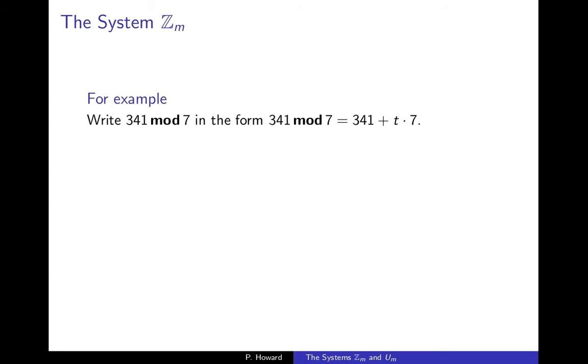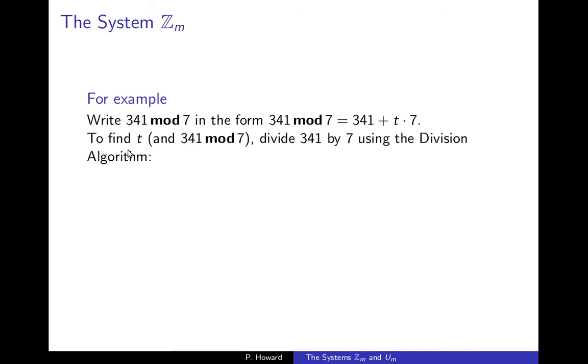So here's an example. According to the eliminating mod m lemma, 341 mod 7 can be written in the form 341 plus some multiple of 7. And we want to find the t that works. To find 341 mod 7, this is the remainder when you divide 341 by 7.